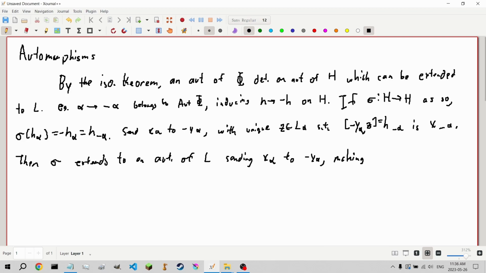Making, by our previous result, that y alpha is sent to negative x alpha. Also, sigma obviously has order 2. Sigma squared fixes the generators of L.